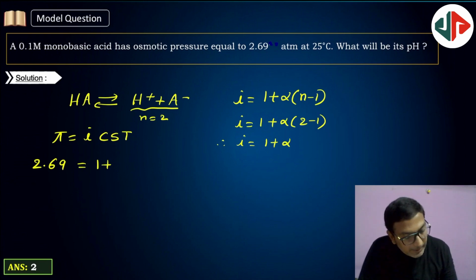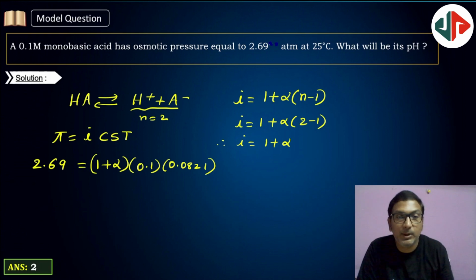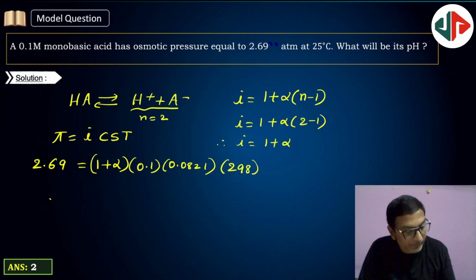So 1 plus alpha into C, the concentration, which is 0.1, into the gas constant 0.0821 liter atmosphere per mole per Kelvin, into temperature 298 Kelvin.